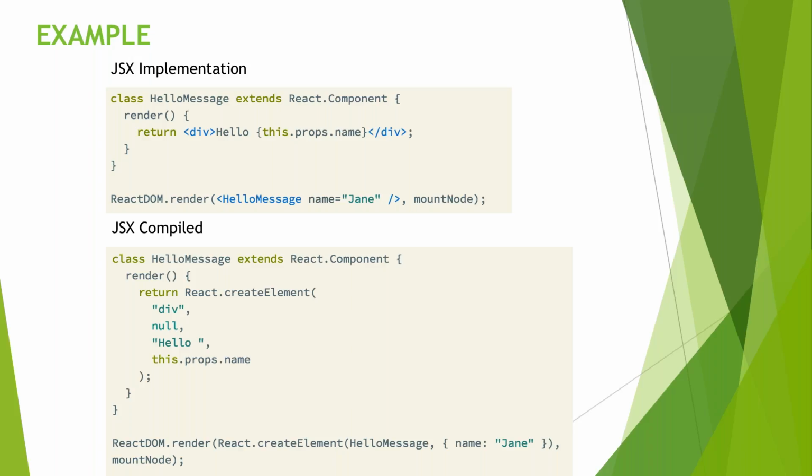That's why JSX provides you a way to write your entire view in HTML, and then it gives you a property which you can run and it will automatically change your JSX code into compiled code, so that you don't have to write it in this complicated way.